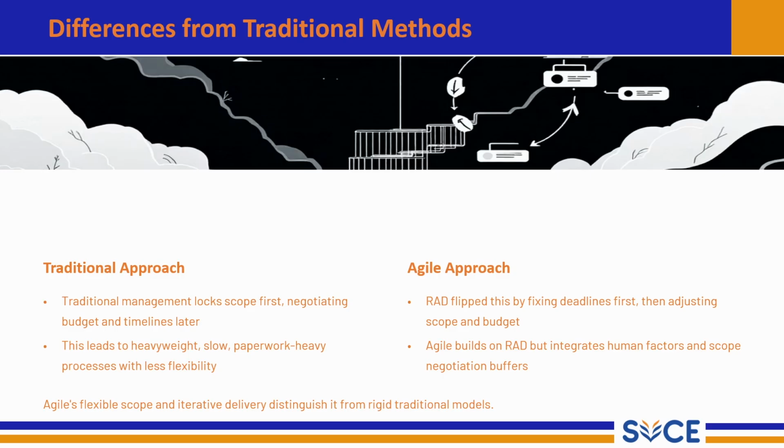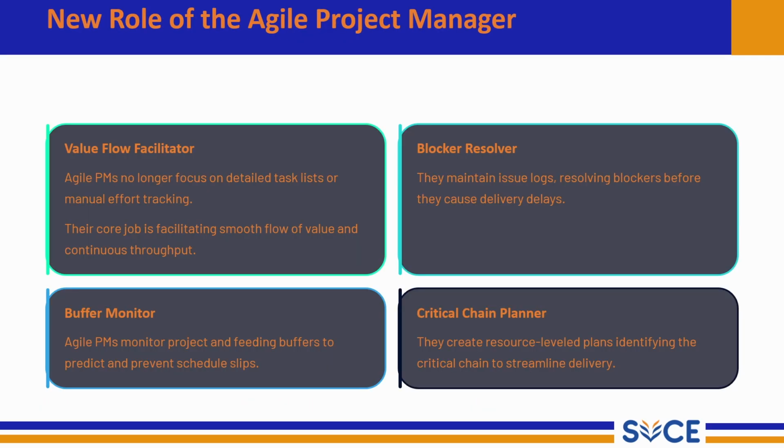Agile improved rapid application development by adding team collaboration, customer involvement, and flexibility. In Agile, deadlines are important but scope is negotiated throughout the project. Agile also includes time buffers to handle unexpected changes smoothly. And the next one is the new role of the Agile project manager.